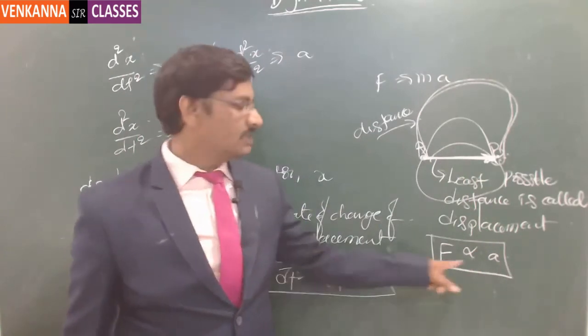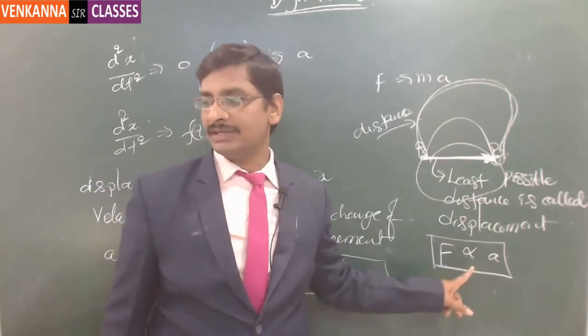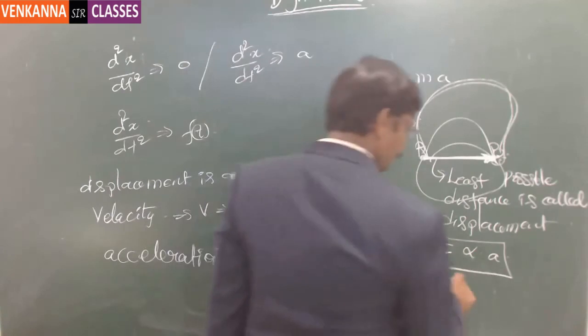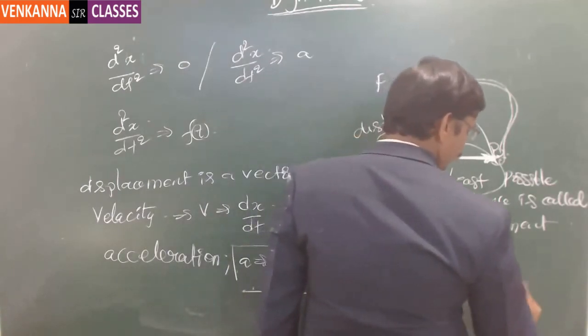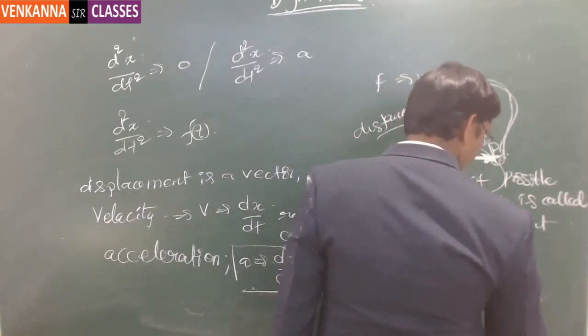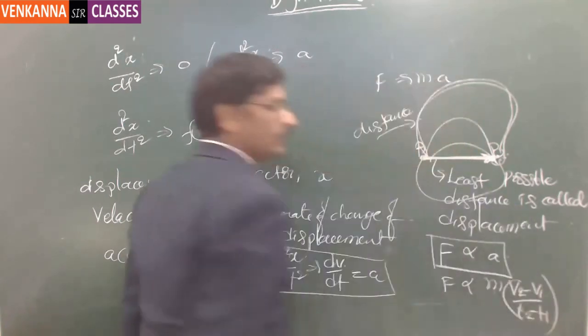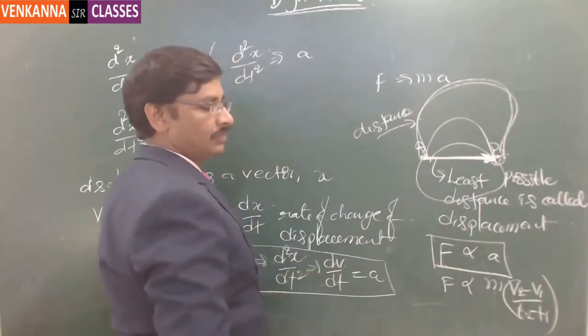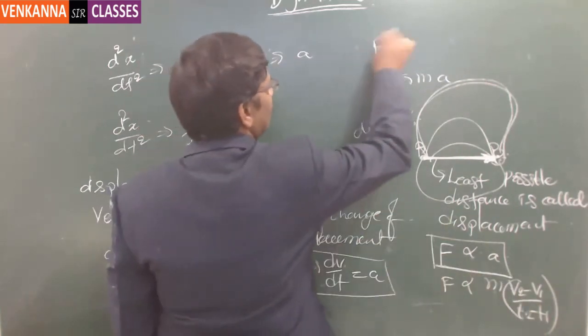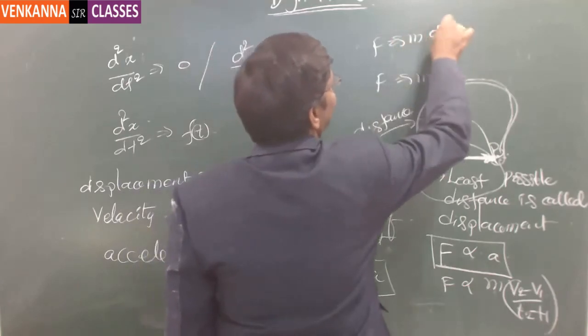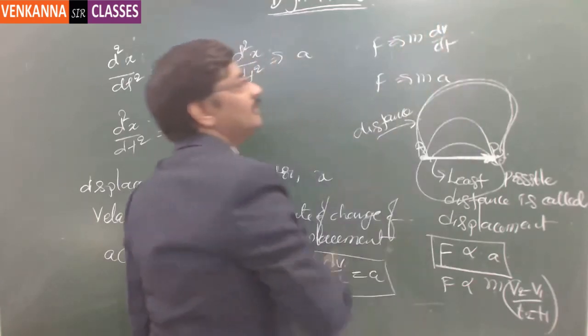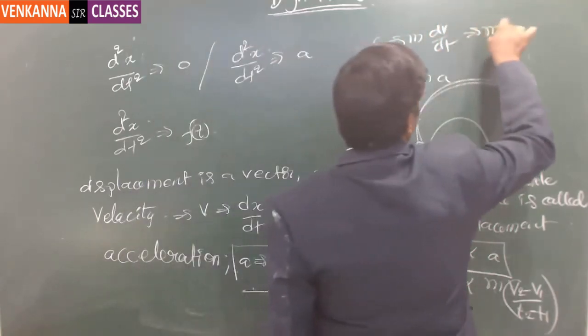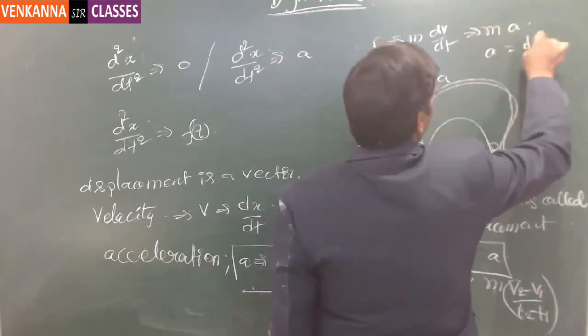That means it is directly proportional to the acceleration, because F is directly proportional to m into v2 minus v1 divided by t2 minus t1. So this is the change in velocity by change in time. So this is what is called F is equal to m into dv by dt. This dv by dt is called the acceleration, or A is equal to dv by dt.